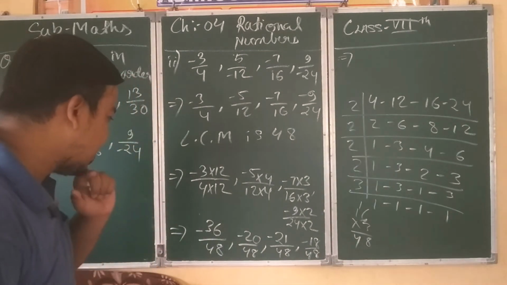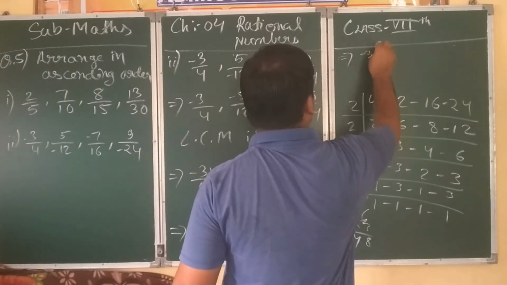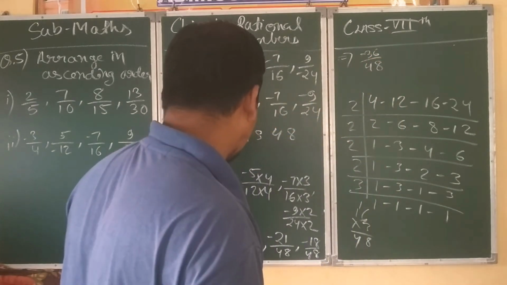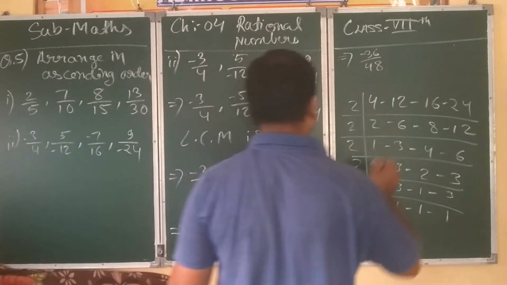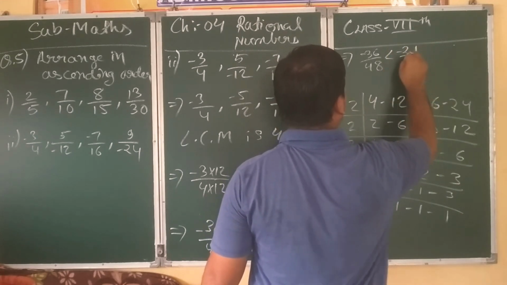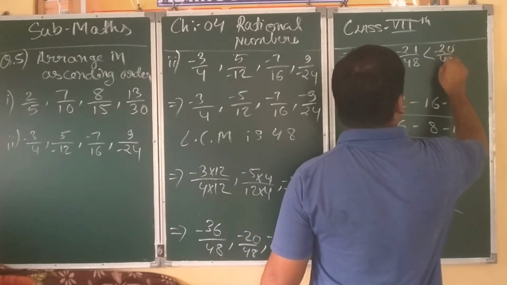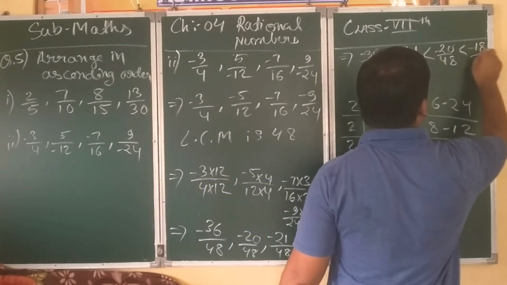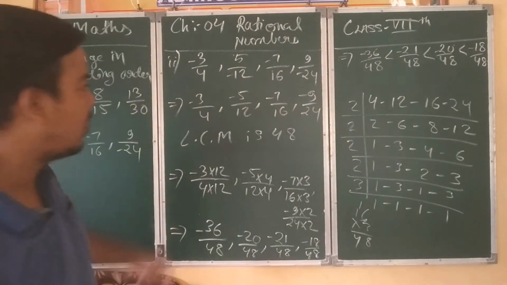So the smallest number is minus 36 by 48, then minus 21 by 48, then minus 20 by 48, then minus 18 by 48. Then we write these numbers according to the question.